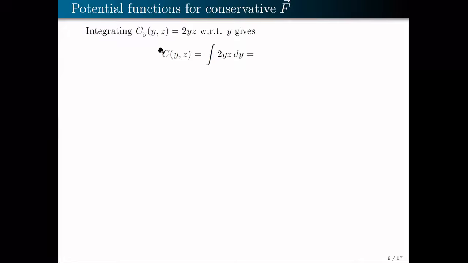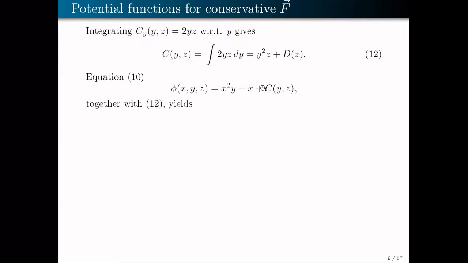Solving for c by integrating this expression with respect to y, we get y squared z plus some function of z. Let's check. If we differentiate this with respect to y, we will get 2yz plus 0. So we can now plug this in the previous equation. So we have phi of xyz equals x squared y plus x plus c of yz, which is y squared z plus d of z.